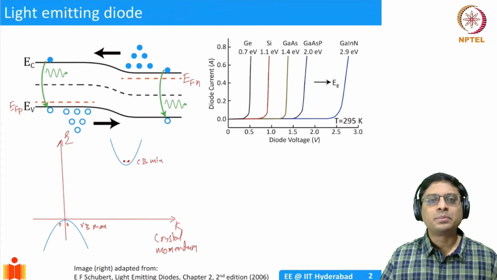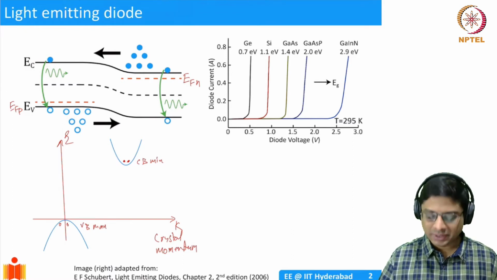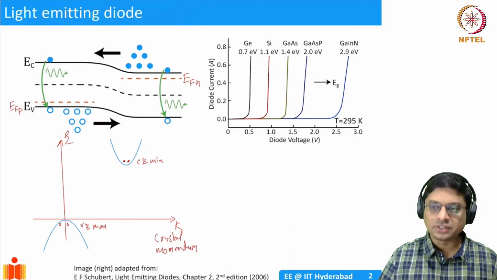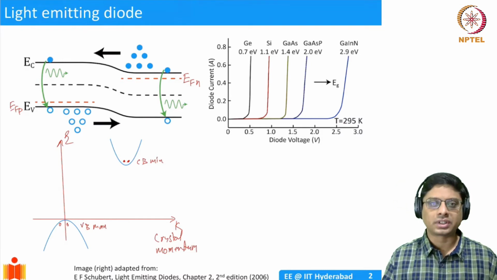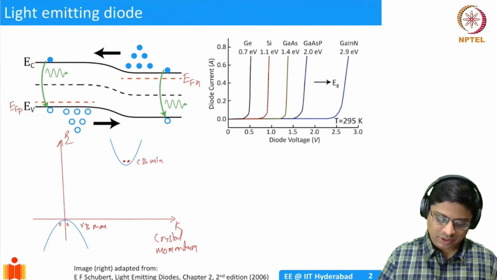So it has to be accompanied by an emission of a phonon. And because of the second order nature of the process, indirect band gap semiconductors are not really efficient optical materials, especially for optical emission, they're not good, okay? You can still use them for detection, but emission, they're not really good, okay?